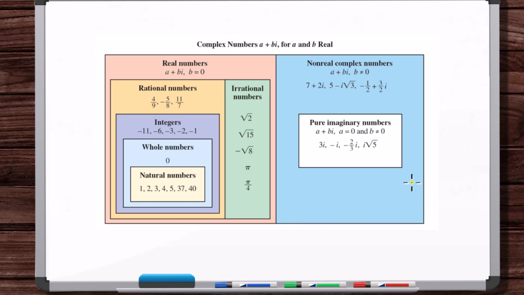You tend to call those imaginary or complex numbers. That's with most casual conversations, and for non-math majors, most of the time you've got these two categories. You've got real numbers, which are part of the real number line, and then you call any number that has an i in it, whether a pure imaginary number or a non-real complex number with a not equal to 0, imaginary or complex numbers. That would mean the same thing in that context.